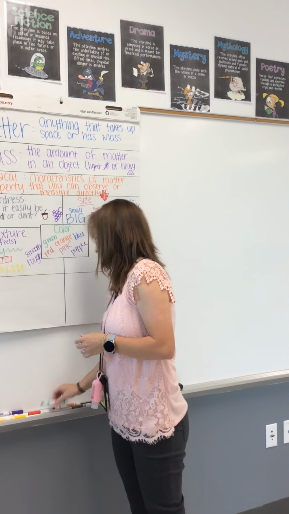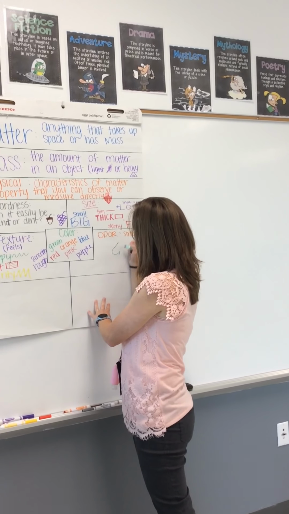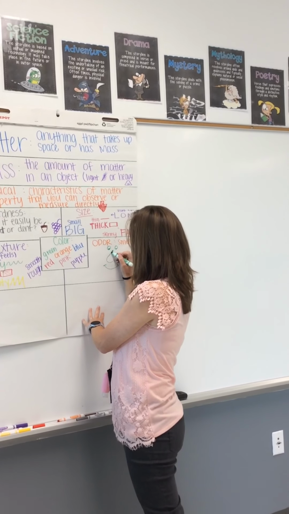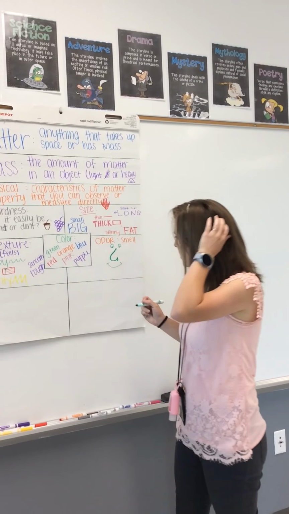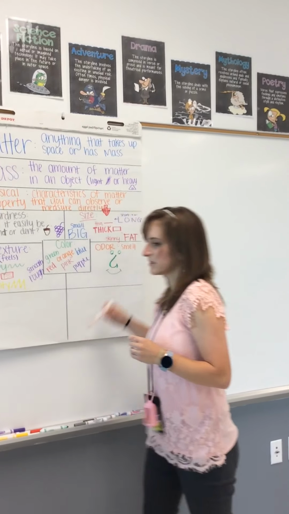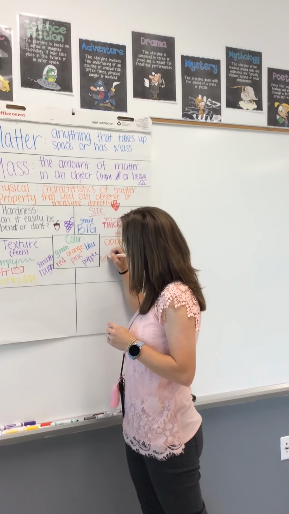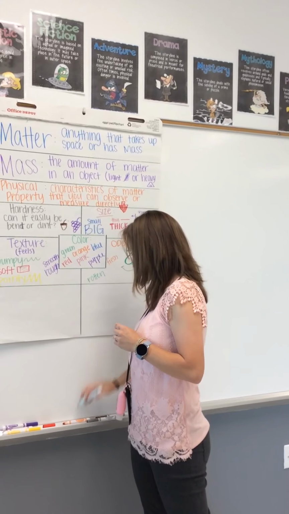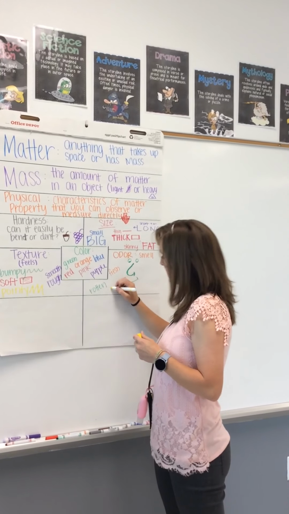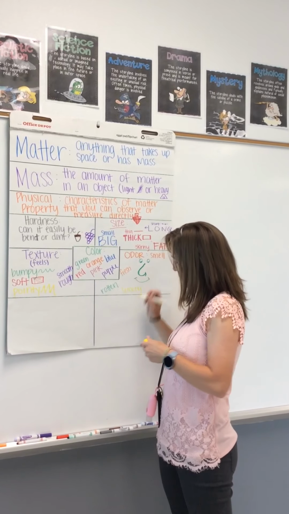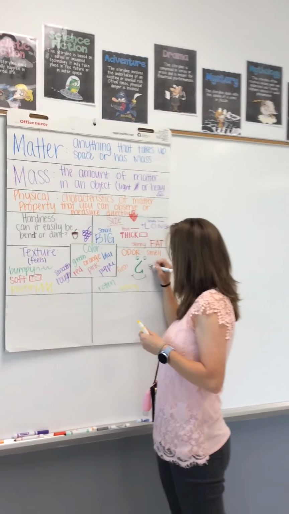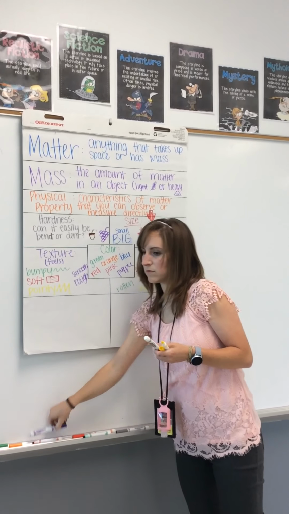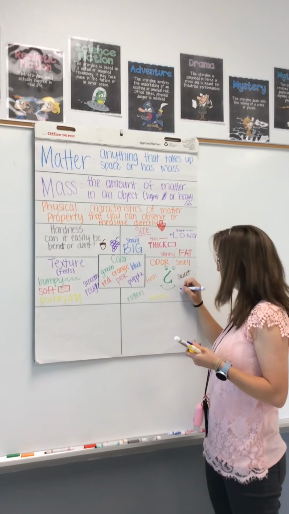So I'm going to draw just a little face up here with a nose so we can think of smell. Smell with your nose. Said fresh, rotten, lemony, sweet, smelly.